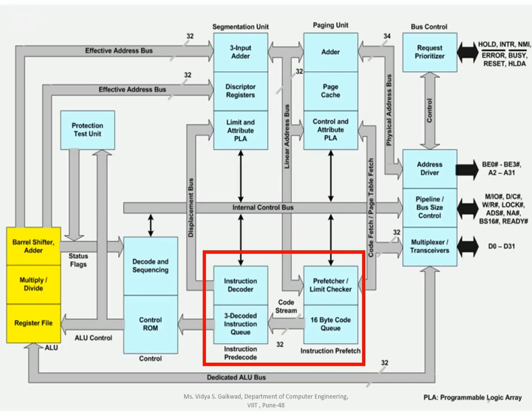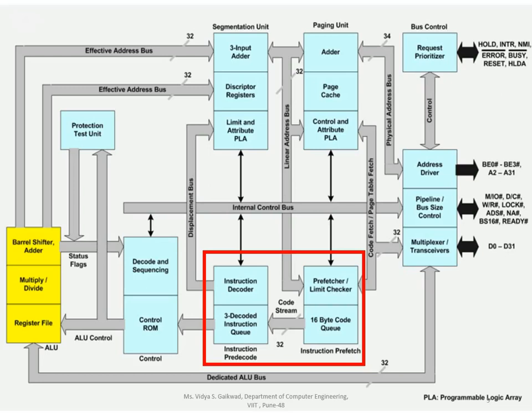BIU was fetching the instructions from the memory and keeping them in the instruction queue. The instruction queue in 8086 is of 6 bytes, while in 386 it is of 16 bytes. So this queue is known as the 16-byte code queue in 386.